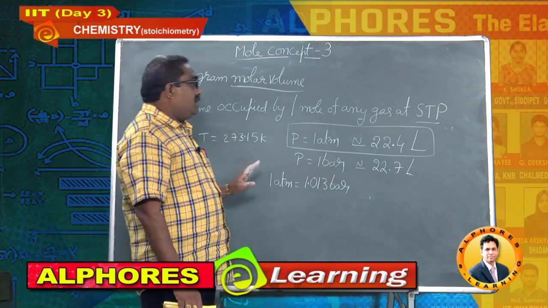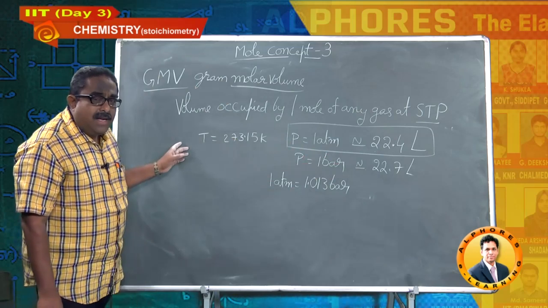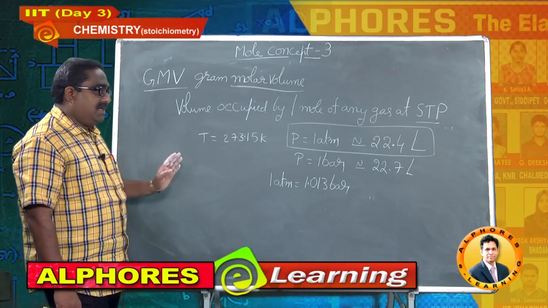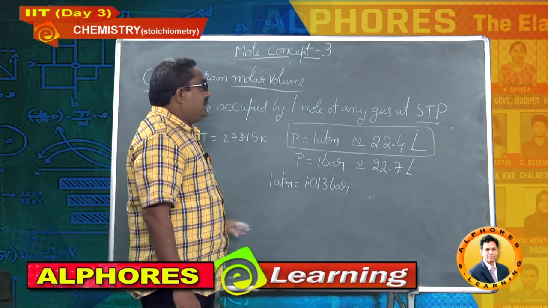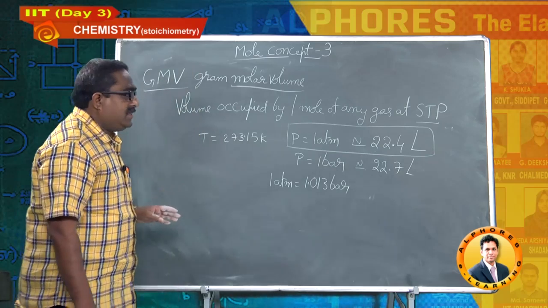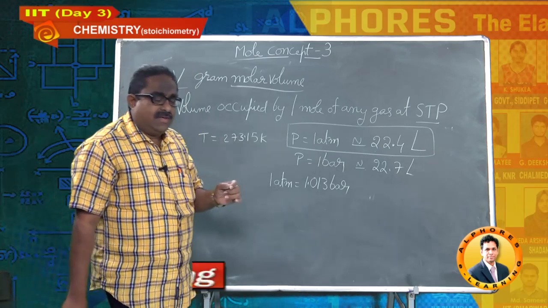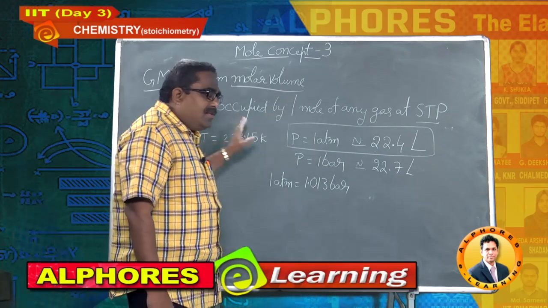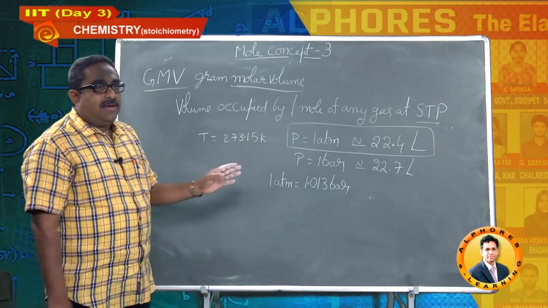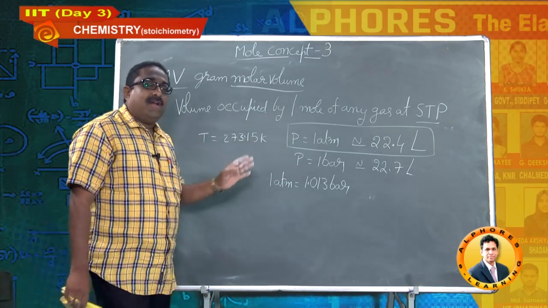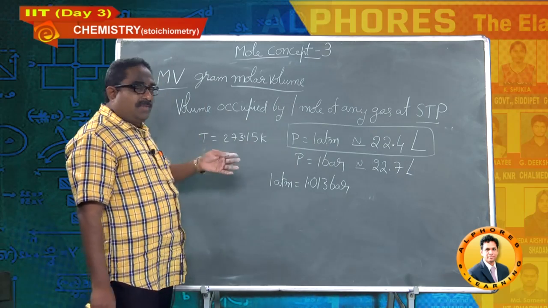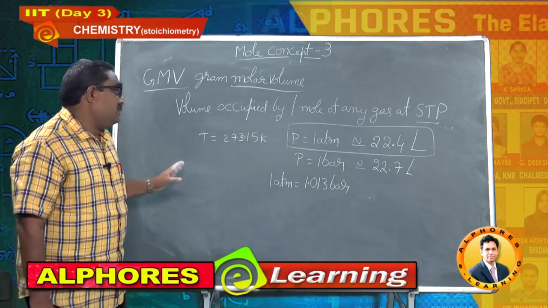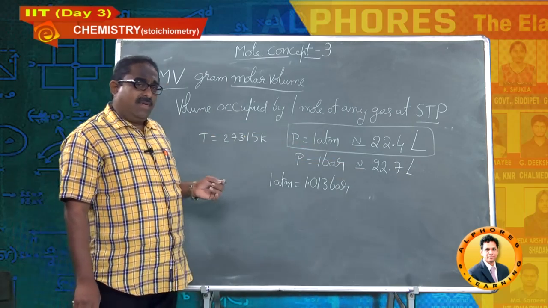So, this is the data regarding STP, standard temperature and pressure. If these are the conditions, that is called STP conditions. At those STP conditions, the volume of any gas, according to the concept, should be 22.4 liters only. Of course, small differences may be there, but these are the average values overall. One should remember the definition like this.